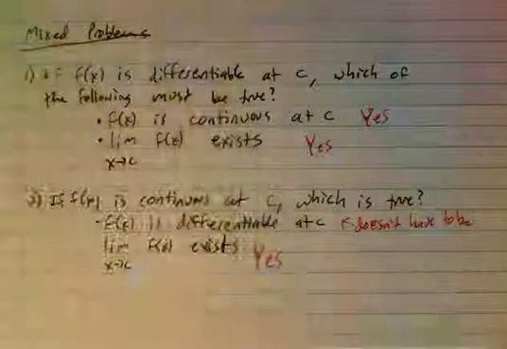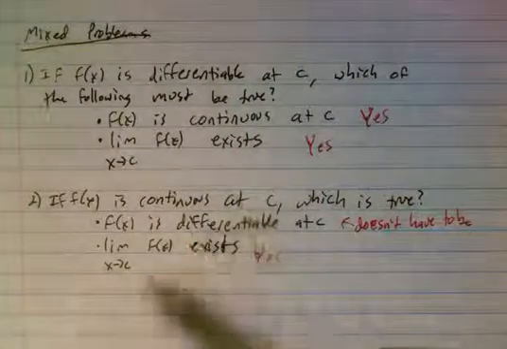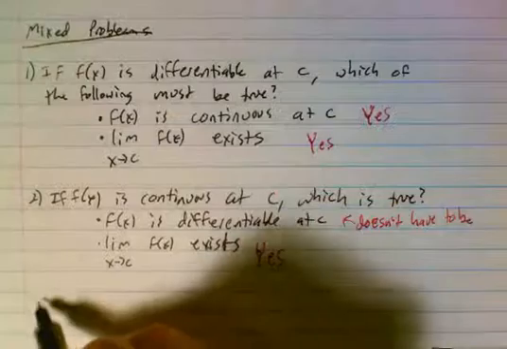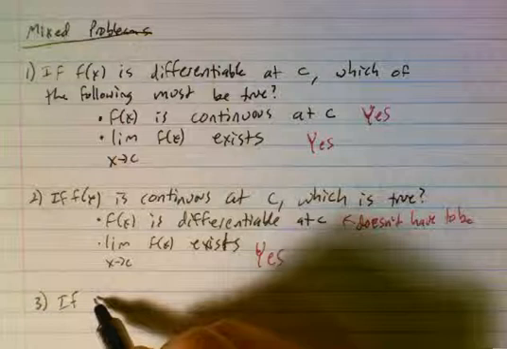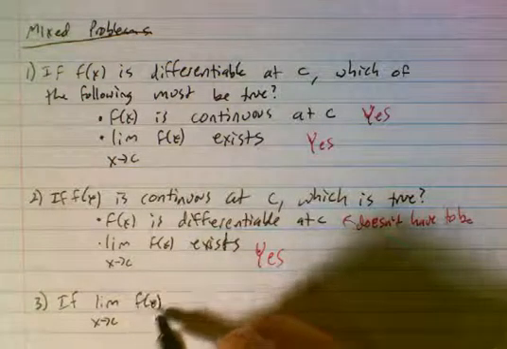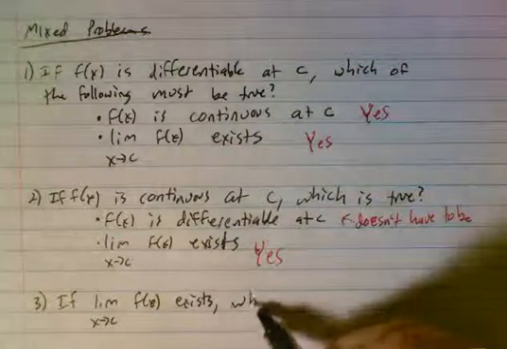However, just like we said up here, this limit has to exist in order for the function to be continuous. If the function is continuous, then this limit must exist. So let's do that third one. If the limit as x approaches c of f of x exists, which is true?